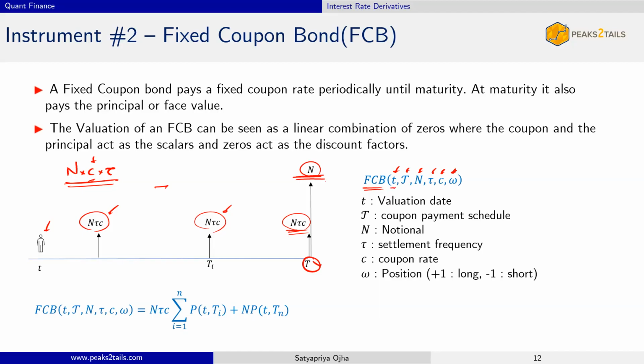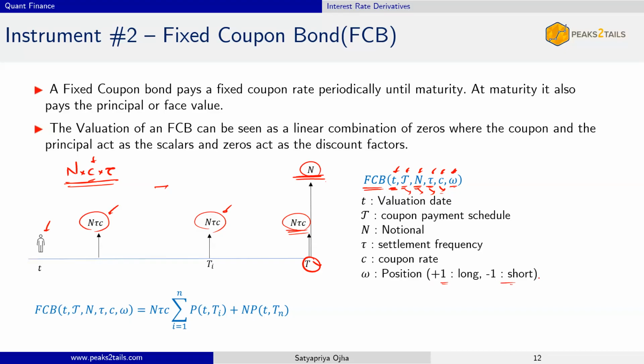So this is a time element, the calendar date, when you are trying to value that. This is the schedule, when the coupon payments are defined in the contract. Notional, again, a contractual parameter. Tau, a contractual parameter: the settlement or payment frequency. Coupon rate C, a contractual parameter. Omega is just a position. If you are long, then +1. If you're short, then -1. So these are the input parameters that you need.